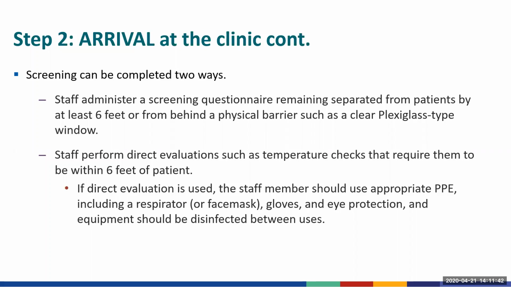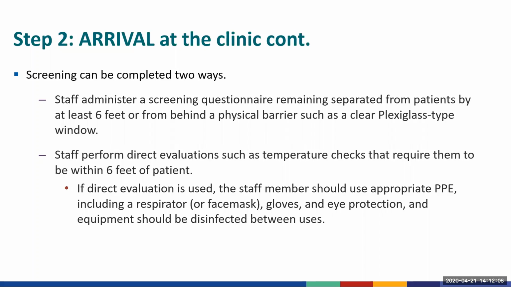Alternatively, staff may be performing direct evaluations, such as temperature checks, that require them to be within 6 feet of a patient. If there is widespread community transmission of COVID-19, facilities should consider instituting active temperature monitoring by having a staff member check the patient's temperature immediately upon arrival at the door and when the patient is first asked about symptoms.